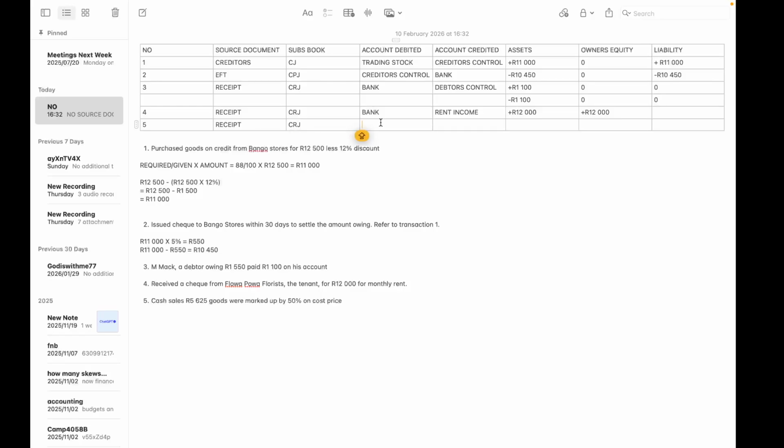Whenever we have cash sales, it means that our bank is increasing, hence our bank is debited. Then income, or sales rather, is going to be credited. And then we are able to then add here that it's going to be 5,625.